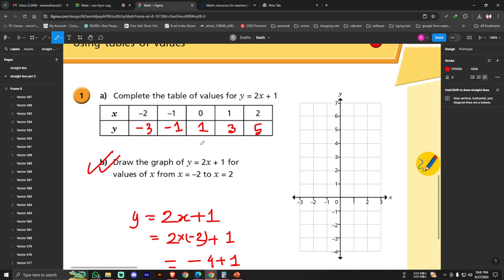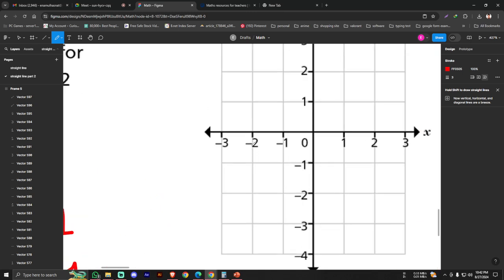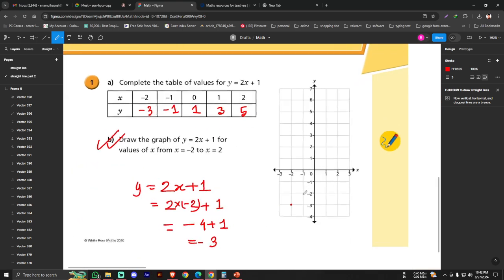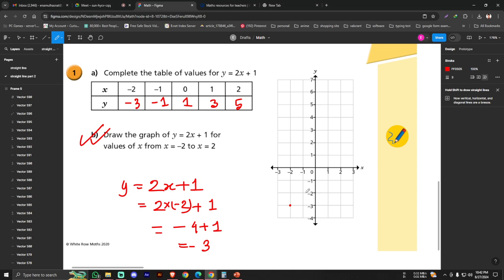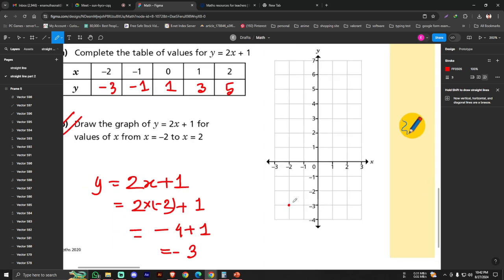Okay, so draw the graph. You're just going to put the points. Minus 2, minus 3, just put the points, and I'll tell you where to put them. Okay, so negative 2, negative 3. Negative 1, negative 1. Yes, here, right? 0, 1.